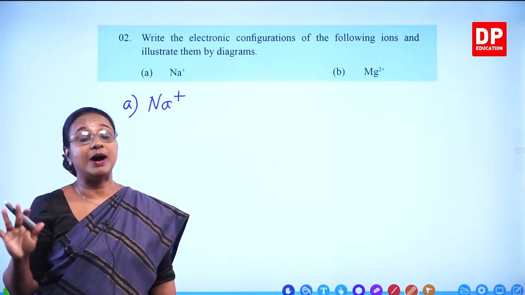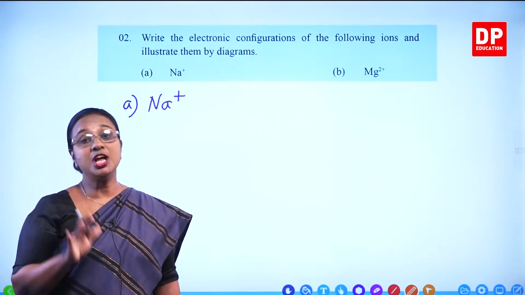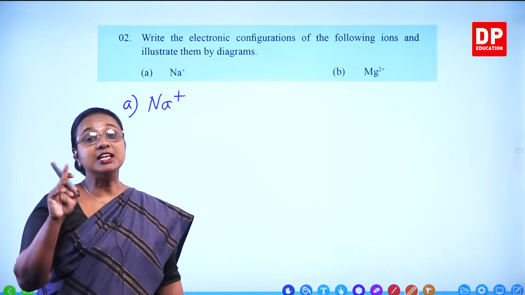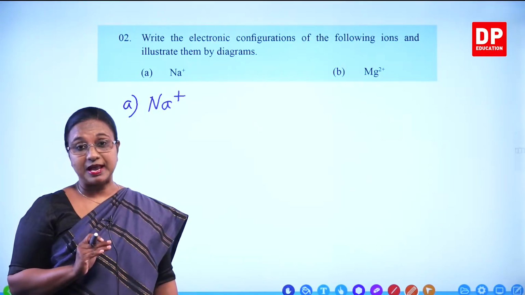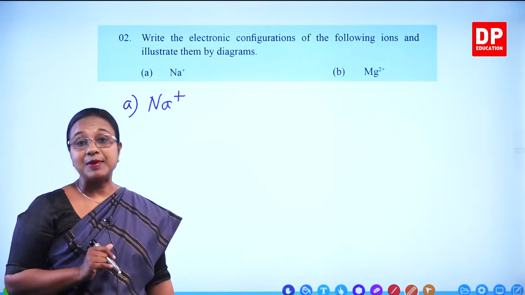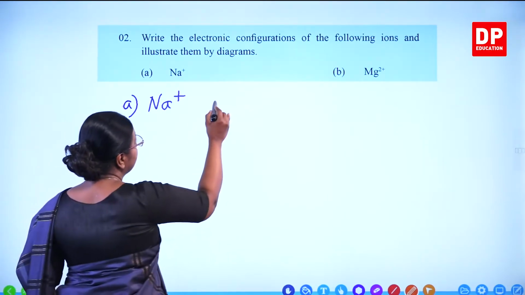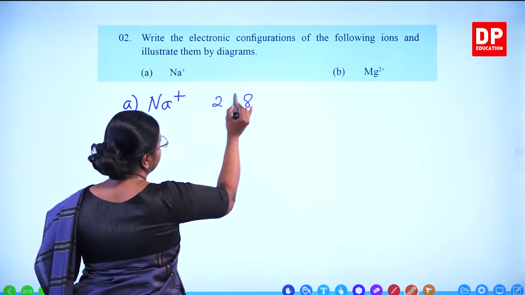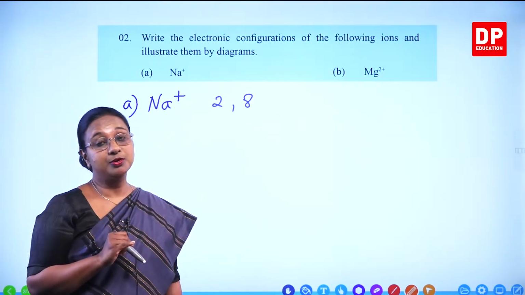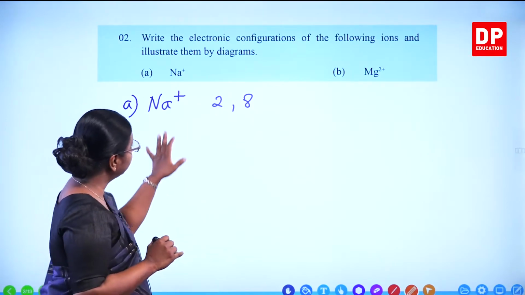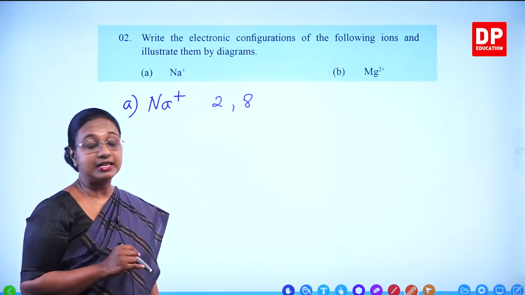So, 2,8,1 is the electronic configuration. From that, the one valence electron is removed from sodium atom, forming the Na+ ion. So, here the electronic configuration becomes 2,8, similar to neon, the noble gas. So, we have to represent this using a diagram.